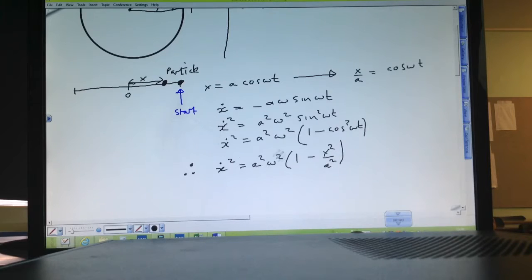Times through by this now, or in fact times through by the a squared, just the a squared. You end up with a formula x dot squared is equal to omega squared (a squared minus x squared), and I want that highlighted. That is the formula to find velocity when I know, what do I need to know?